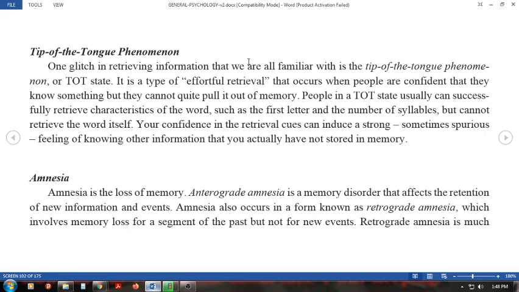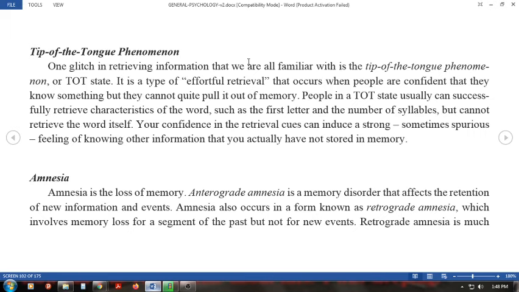So inana. And then we have the tip of the tongue phenomenon wherein nana sa imuhang tip sim tongue ang isa ka concept or isa ka memory or isa ka word but you can't actually get it out. And then we have the amnesia, wherein special nga case wherein na loss sa memory. We have anterograde amnesia and retrograde.